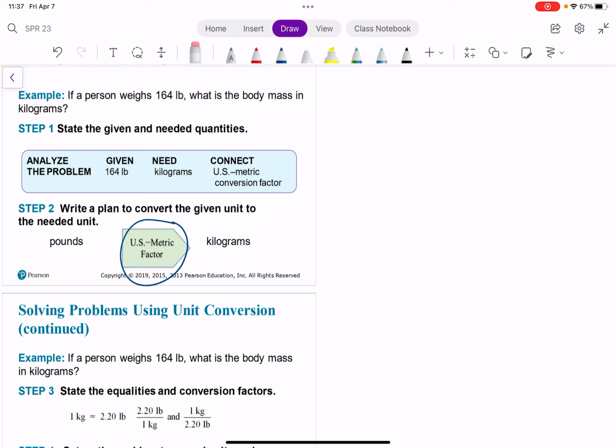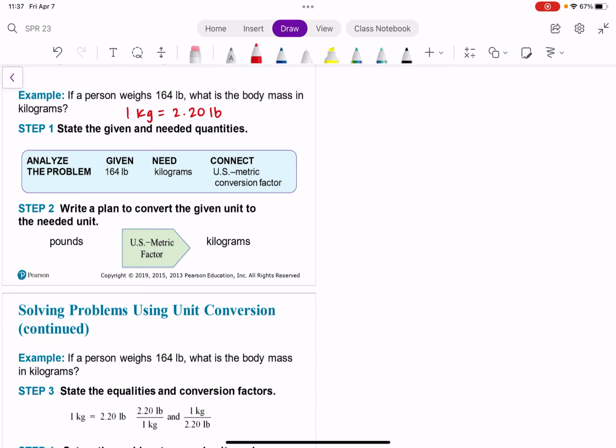Yeah, so this would not be something you would need to know off the top of your head, but you would need to know how to solve this problem with the conversion factor you're given. So let's say 1 kilogram, I'm giving you this, is 2.20 pounds. LB is how we say pounds.